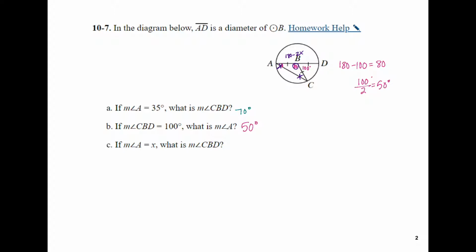Then in order to find CBD, we would take 180, subtract 180 minus 2x. So the measure of angle CBD would be negative 2 times x. And then don't forget 180 minus 180 is 0. So our solution is just 2 times x equals 100.